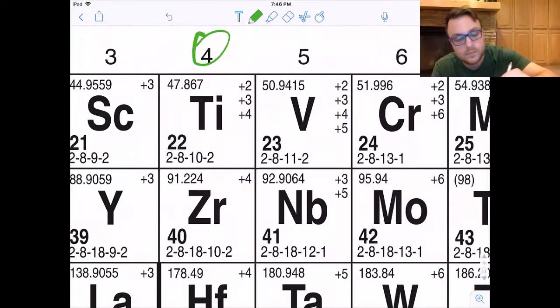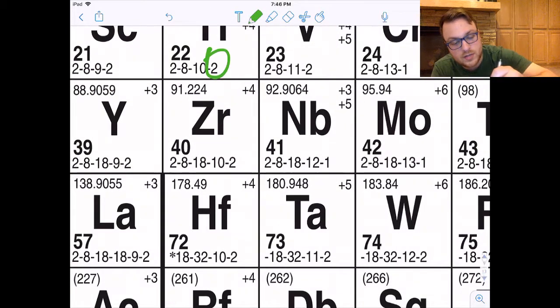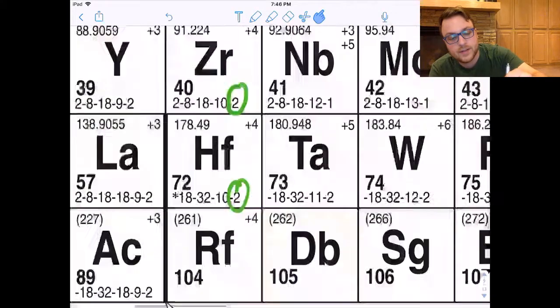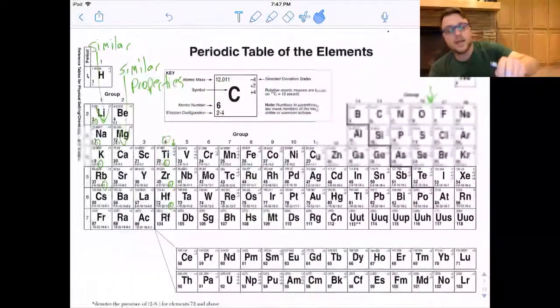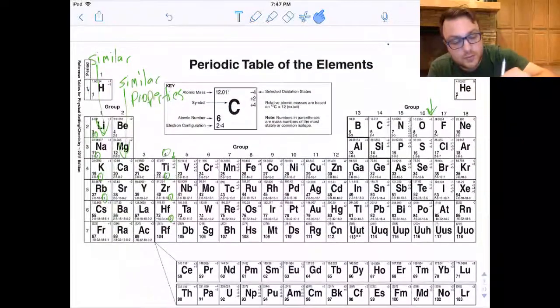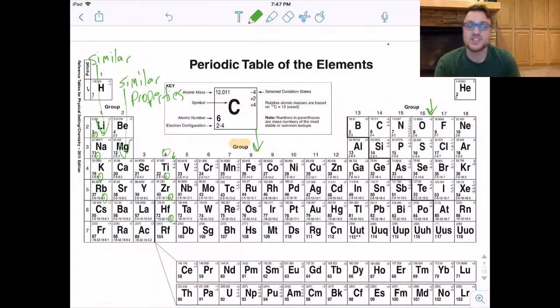Titanium has a bunch of charges, but Ti has 2 valence electrons, Zr has 2 valence electrons, Hf has 2 valence electrons, etc. So any group, so the groups here are the ones going down, have similar chemical properties because they have the same amount of valence electrons. You can check any group and you'll see that that's true.